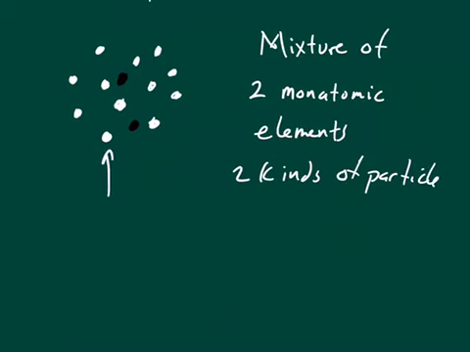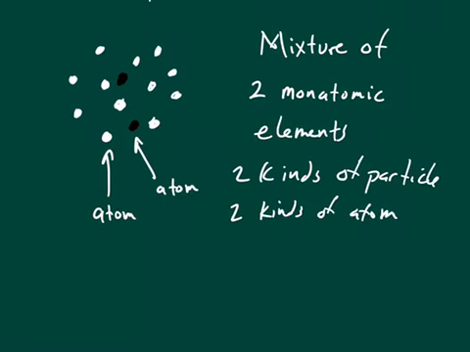This would be an atom, and this would be a different kind of atom. So our particles are atoms. We would say two kinds of atom, or you could say two different elements, which we've already said. So this is not pure.